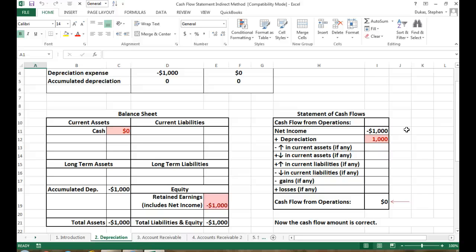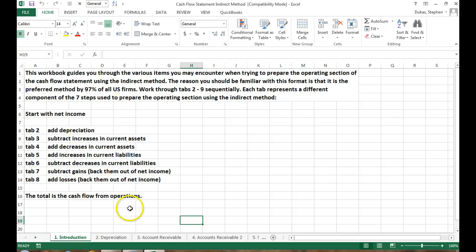We add back the depreciation of 1,000 and we get 0, which is the correct cash flow from operations. Now the cash flow statement is correct. So the first rule is to add depreciation to net income, whatever that depreciation amount turns out to be.